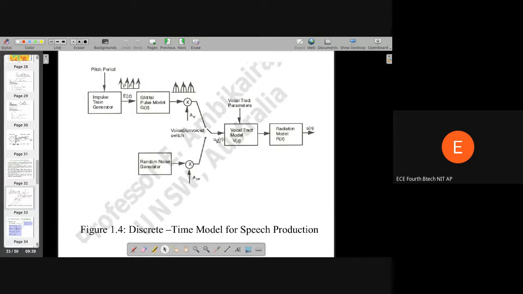This then passes through our vocal tract system, which is a cascade of resonators, and a lip radiation model, which is like a high pass filter. Why a high pass filter? I give a simple example. If you have a water tank and a very small tube where the water is flowing, it will come out with large velocity. That's a very crude analogy I am giving. So lips are also like that.